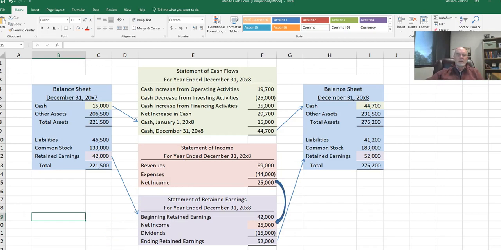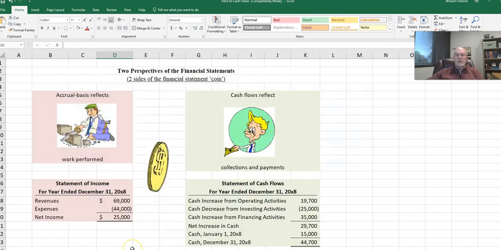So these two statements are really just two sides of what I'm going to call the financial statement coin. Again, the income statement focuses on the work we did. The statement of cash flows helps us to understand the cash collected and the cash paid. So that's the statement of cash flows, and it's just another important component of a set of financial statements.